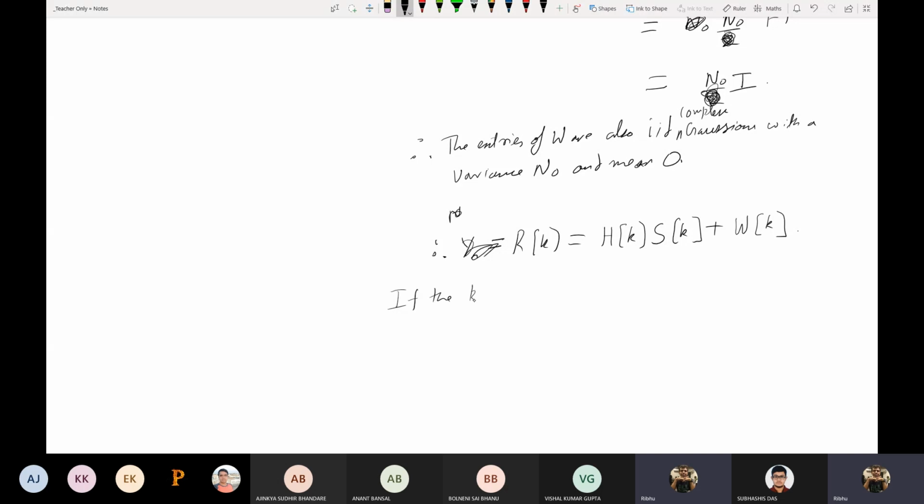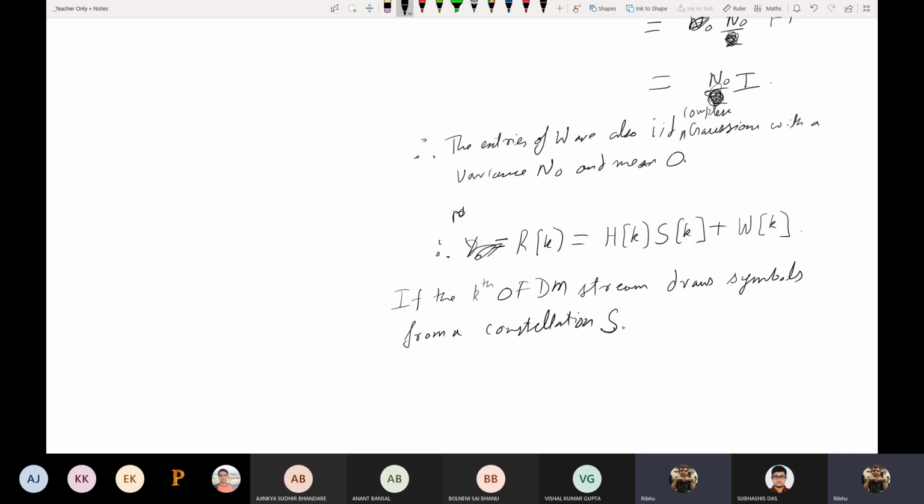So, if the kth OFDM stream draws symbols from a constellation S_k, then I can calculate the bit error rate.